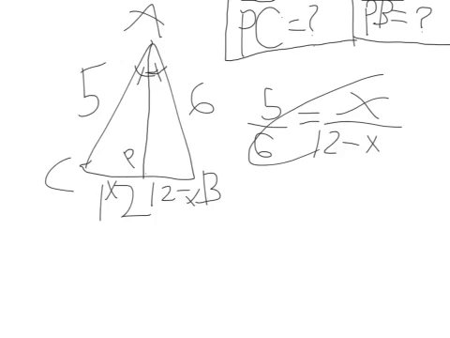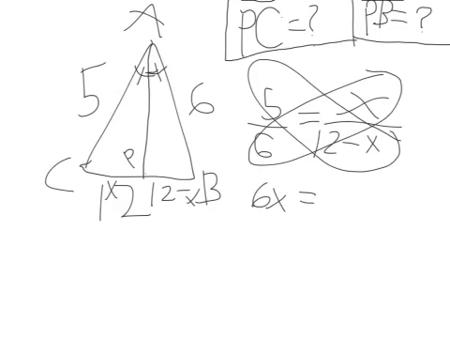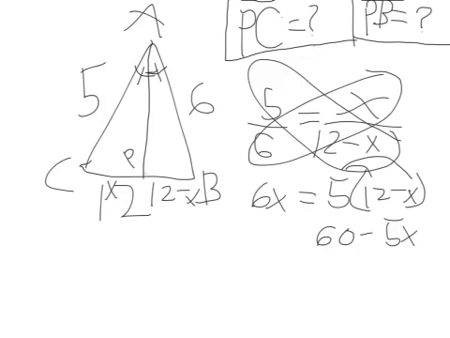So we cross multiply here and cross multiply there, and we get 6x equals 5 times 12 minus x. Now let's distribute 5 into the parentheses, so we get 60 minus 5x, and that still equals 6x.